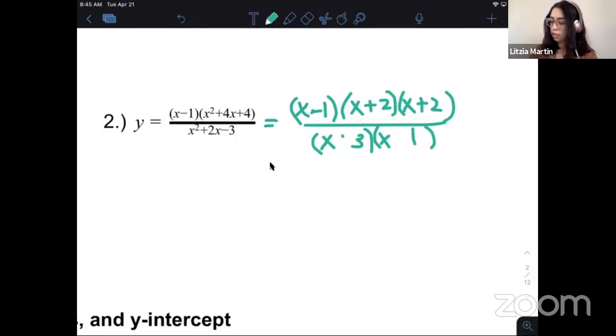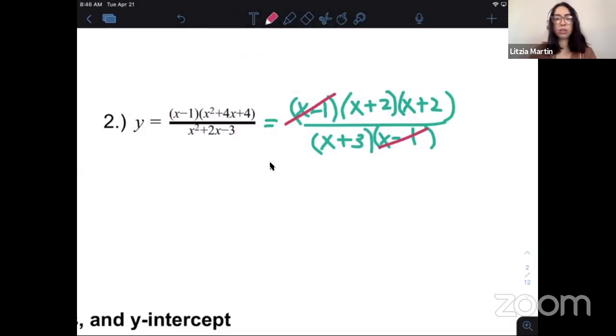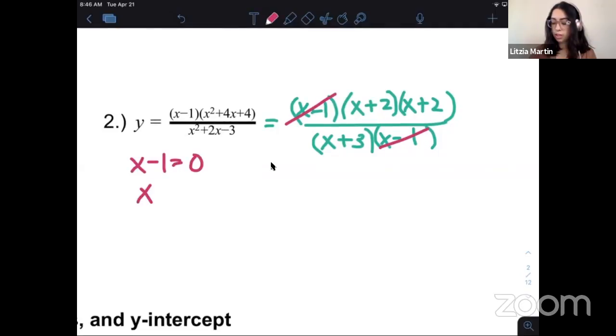This should be a positive 3 and a negative 1. So you can see that the only term to cancel is x minus 1. That is what we set to 0, which gives us x equal to 1. Now that 1 we're going to plug into what's been left over.